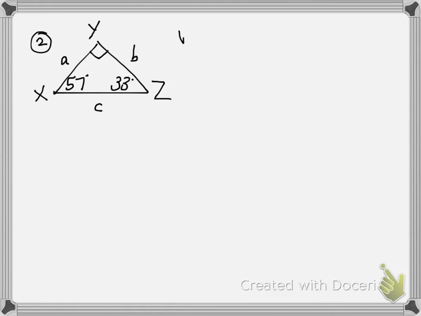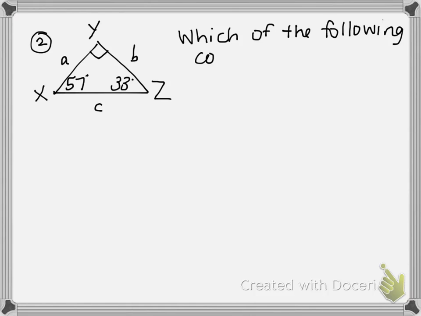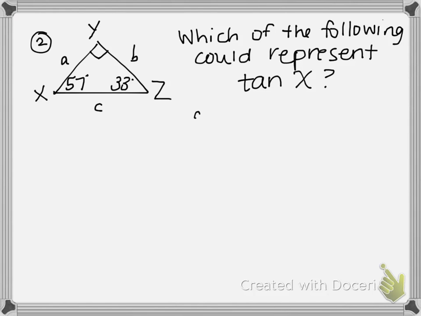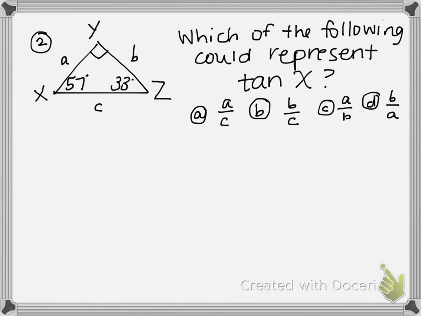Your question is, which of the following, that means it's going to be multiple choice, which is always really nice, could represent tangent of X? Alright, and so we have our first choice here, which is A over C, and then we have B over C, and then we have A over B, and we have B over A.